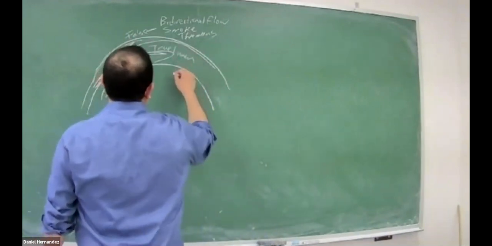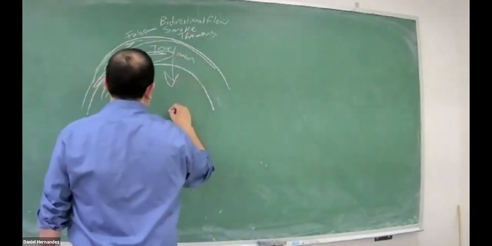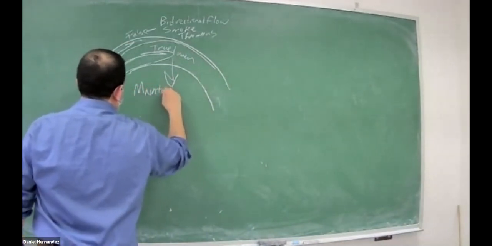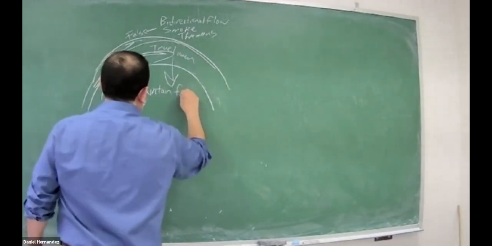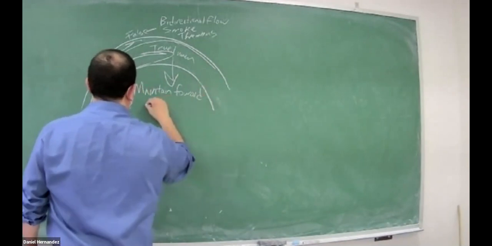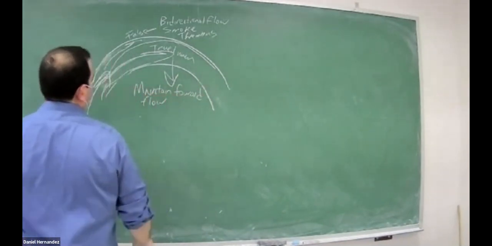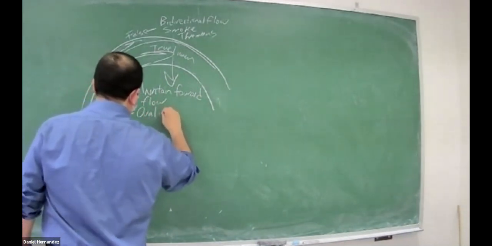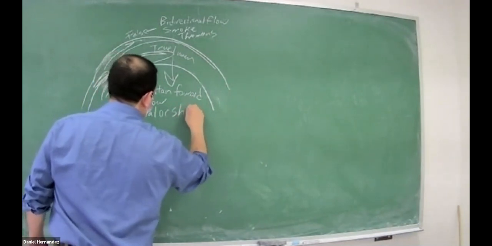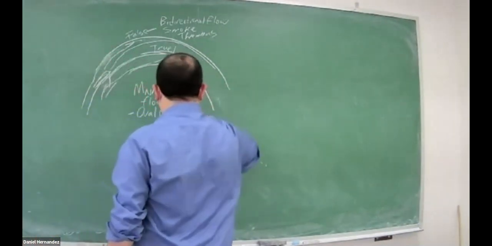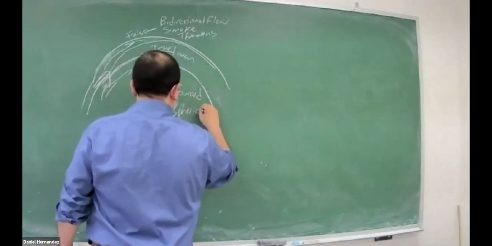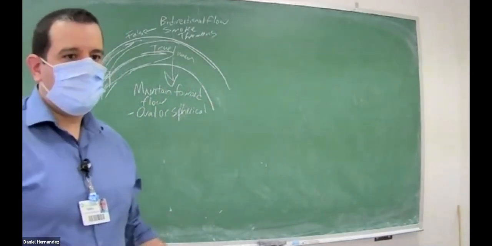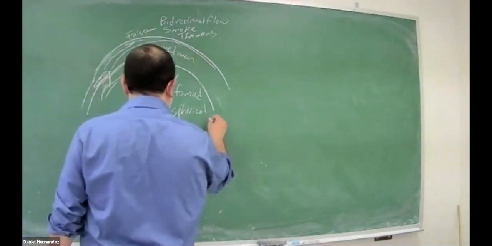In the true lumen, we maintain forward flow. The true lumen is typically oval or spherical. If we turn it transverse on that vessel, we'll typically maintain an oval, circular, spherical shape.